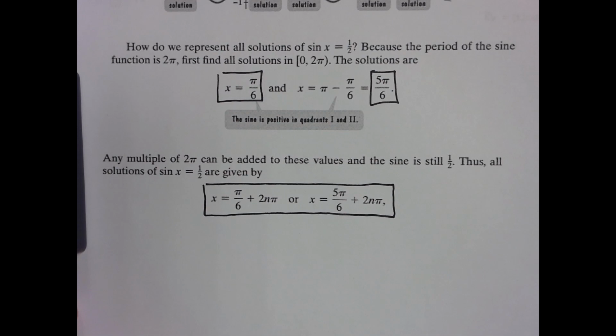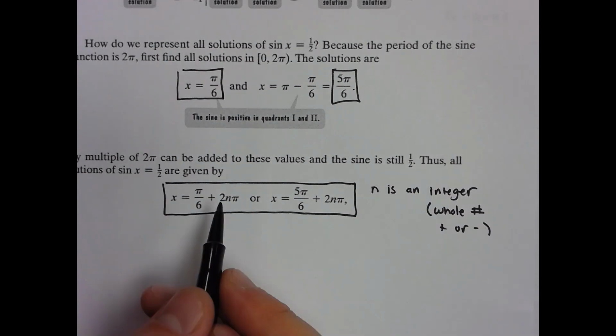How many other times can we rotate around the unit circle? So let's make a separate note here that n is an integer. And an integer meaning whole number. We can obtain new angles that make this equation true. And let's just do that real quick.